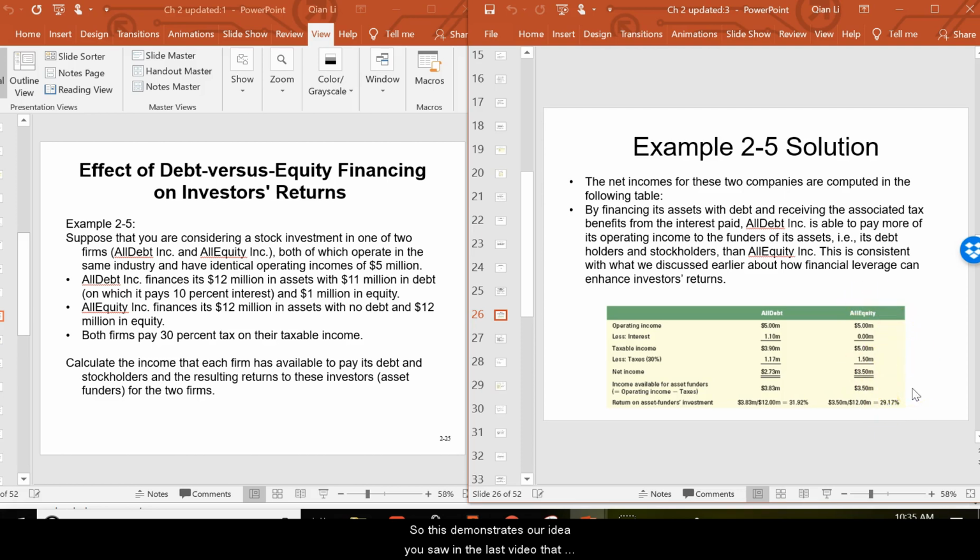So this demonstrates our idea. You saw in the last video that borrowing money, or having financial leverage, can magnify the return for shareholders, for investors. And of course, that is if the company is making positive profits.